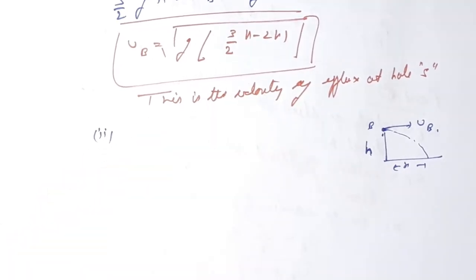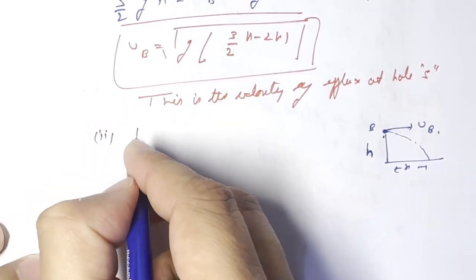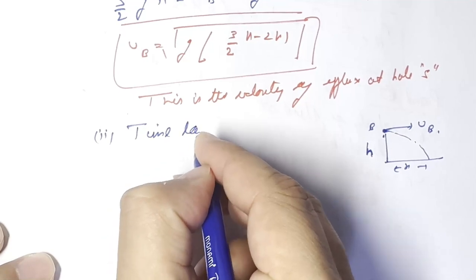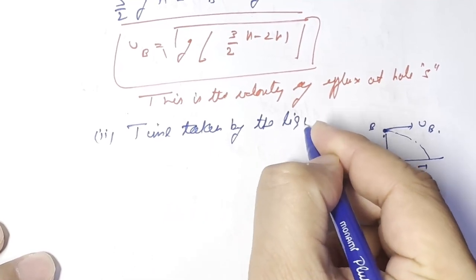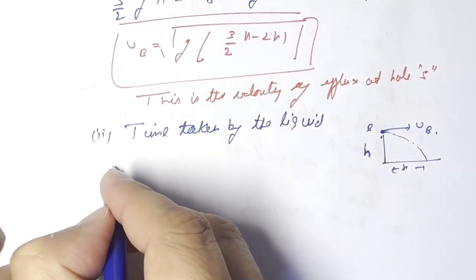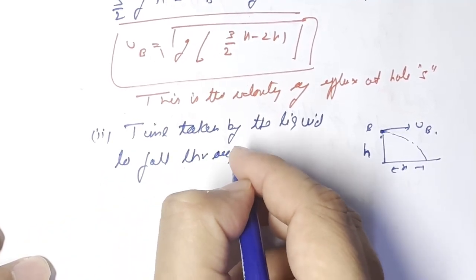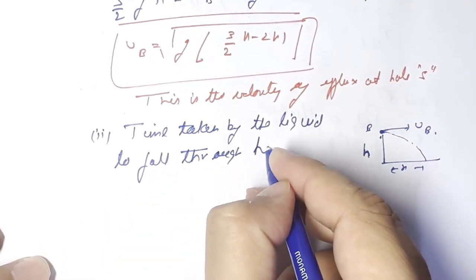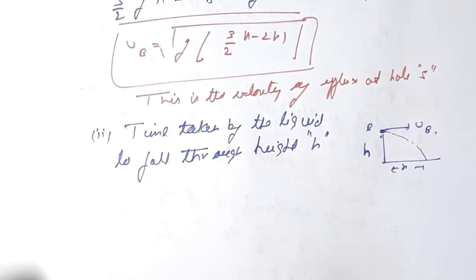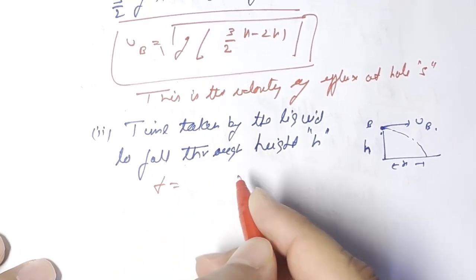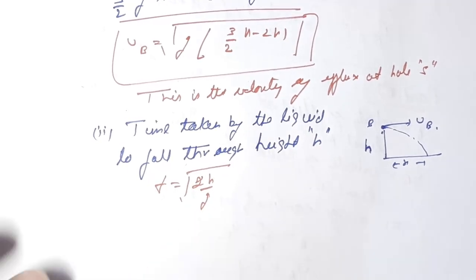Therefore, the time taken by the liquid to fall through the height h, we already know that formula, that t is equal to square root of 2h by g.